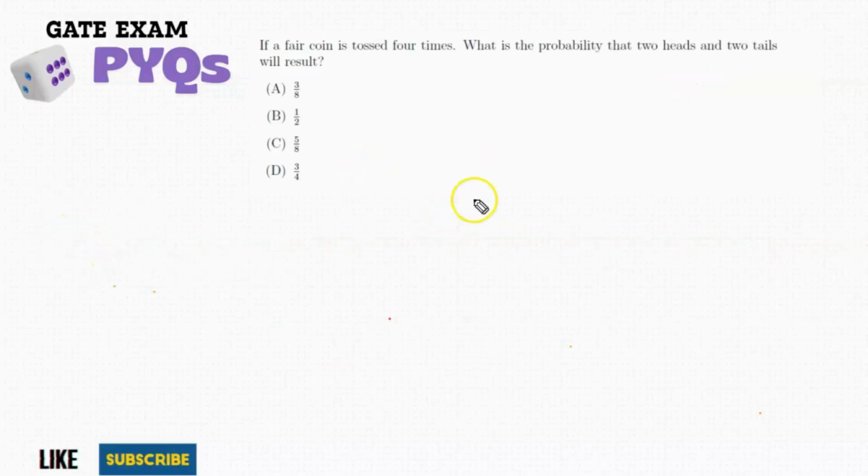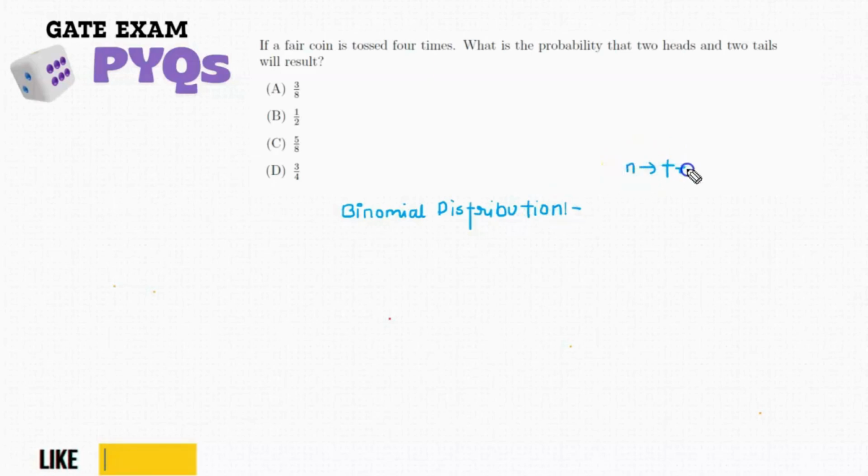So what we will do is try to find the solution using the binomial probability, or the binomial distribution formula, correct? Whenever the number of trials is large, we can apply the binomial distribution, because here we know the probability of success as well as the probability of failure.